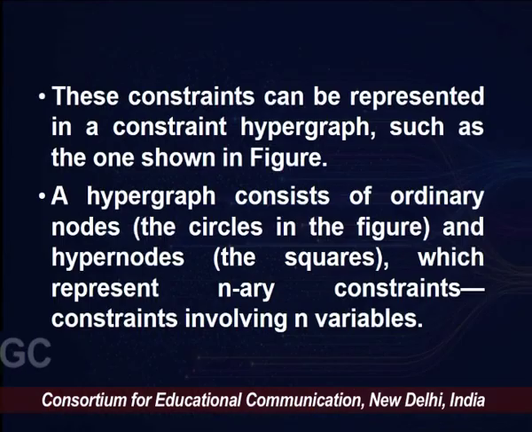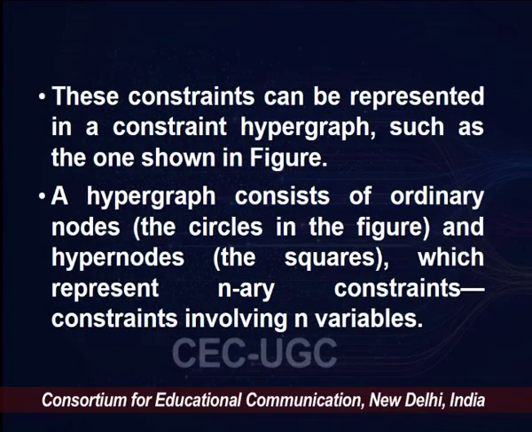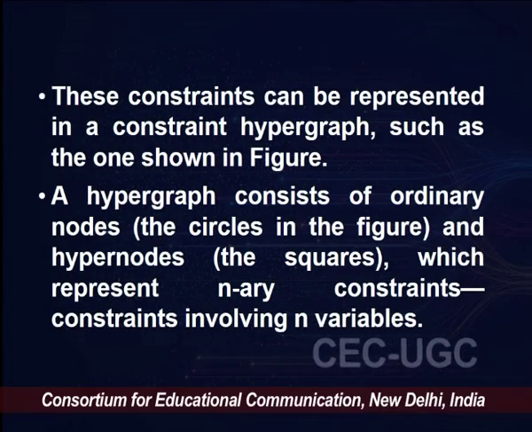Now, these constraints can also be represented in the form of a constraint hypergraph. What are the constraints? The first constraint was all diff: the values of all the digits should be different from each other. The hypergraph consists of ordinary nodes, which are circles, and hypernodes.